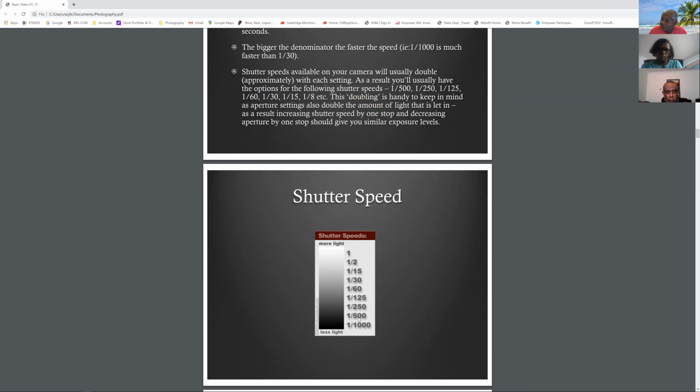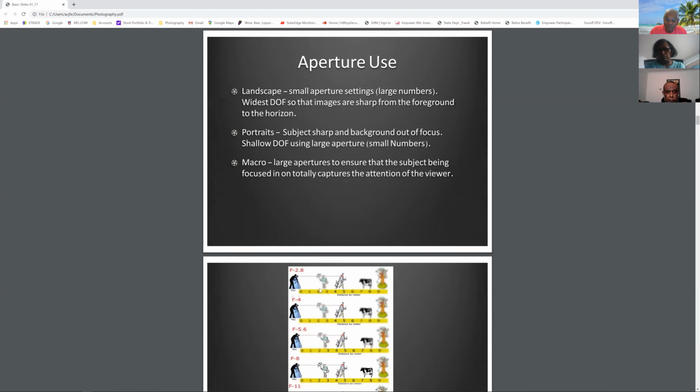It's double the time between the last one and the top one, which means you allow double the light coming to the sensor.